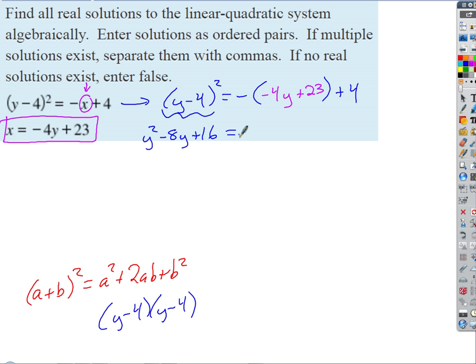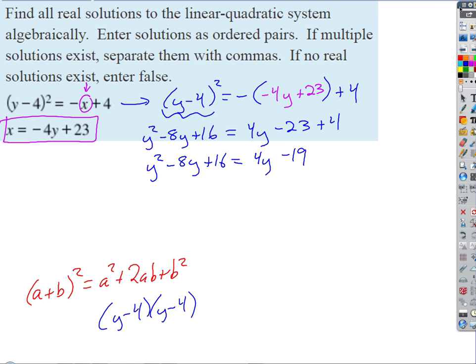So what do we get on the right side? If I distribute the negative sign, negative 1 times negative is positive, so I get a positive 4y minus 23 when I distribute the negative 1 to the 23 plus 4. And so the equation becomes y squared minus 8y plus 16 equals 4y minus 23 plus 4, which is minus 19.